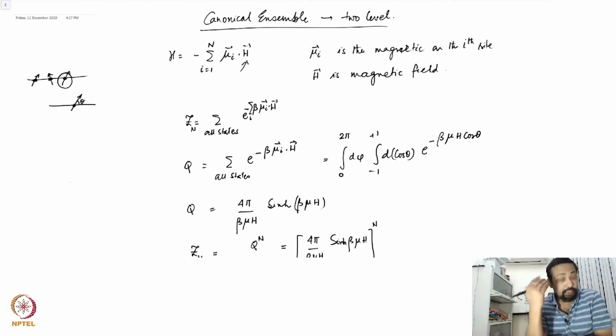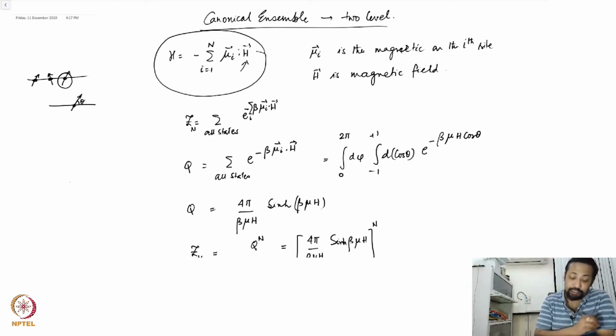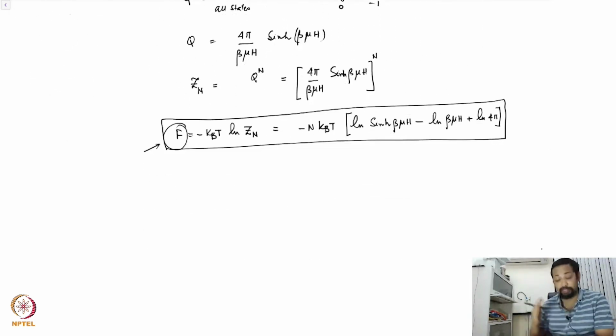On the other hand, the Gibbs free energy was defined in the presence of a constant conjugate force. And if you look at the Hamiltonian here, the magnetic field has already been applied, so there is a presence of a constant magnetic field.